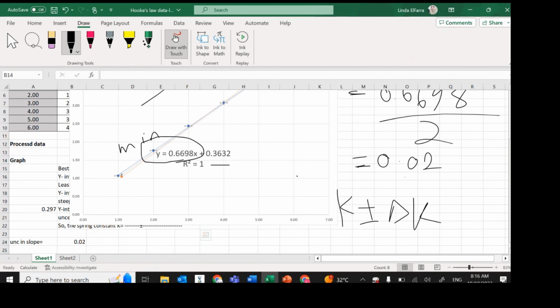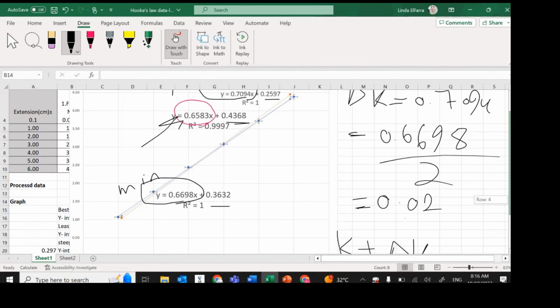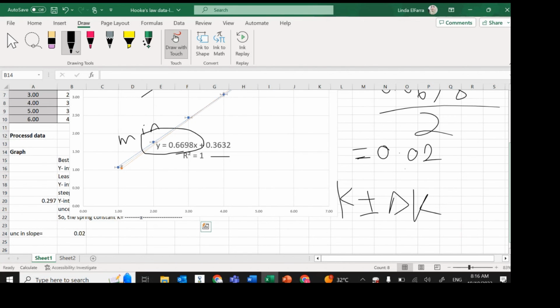Okay, so it will be 0.65 positive or negative 0.02 in Newton per centimeter square. Don't forget, Newton per centimeter square. You have to write the unit.